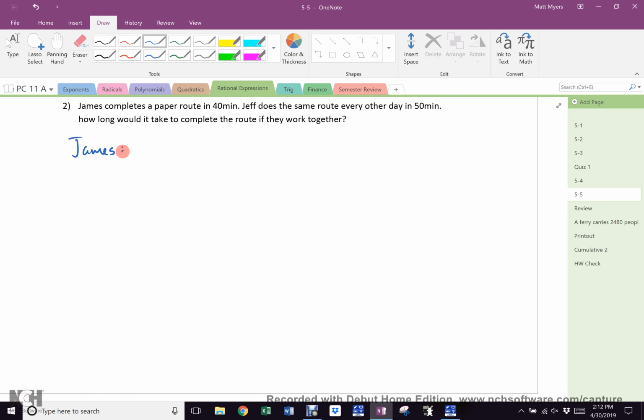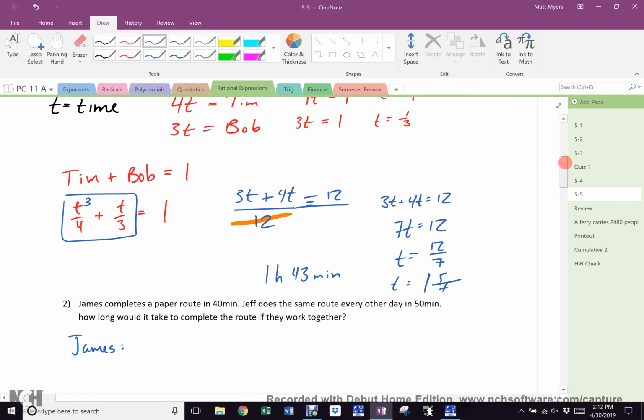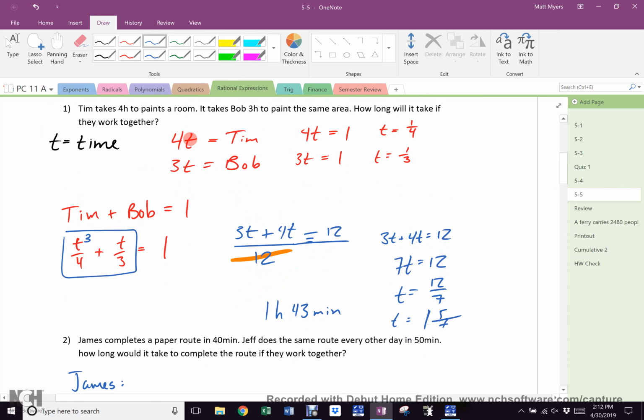How would we work together? I'd deliver to this half, you'd deliver to this half, or something like that. You have already seen what happened up here. Apply your knowledge. 4 over t was Tim. It became t over 4 when we broke it down into fractions, right?